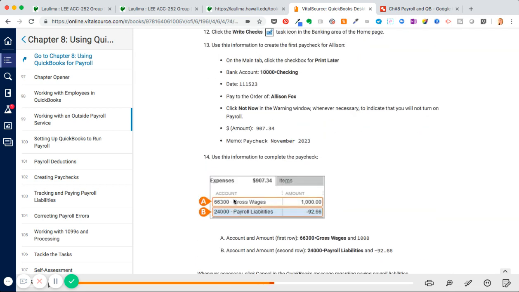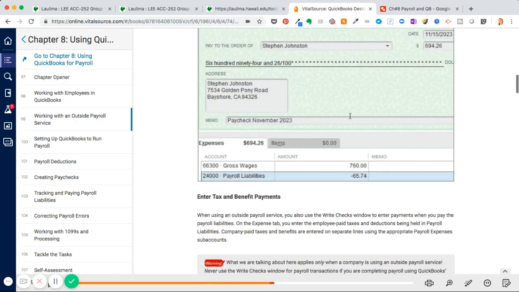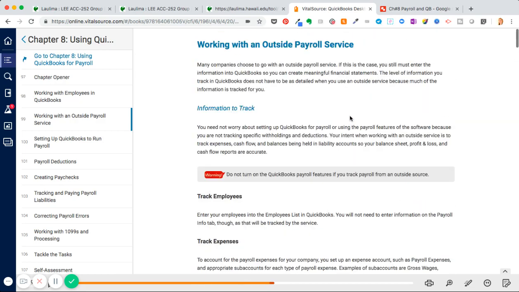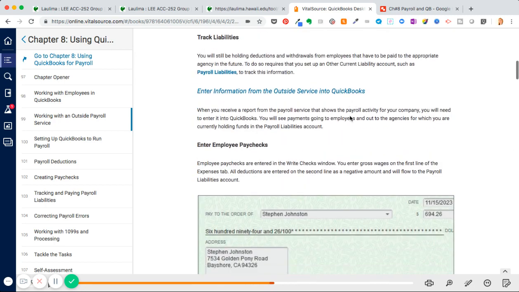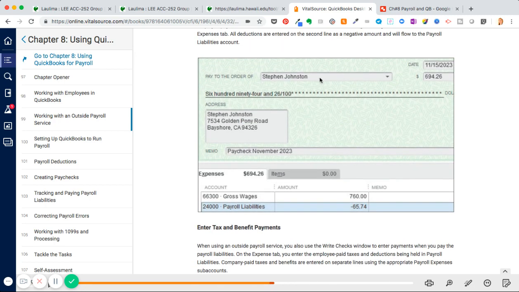Now, you might have noticed I've passed this a few times where it says gross wages and payroll liabilities. Let's look at a pay stub. This shows the total pay, payroll liabilities, and then the employees getting the net amount.